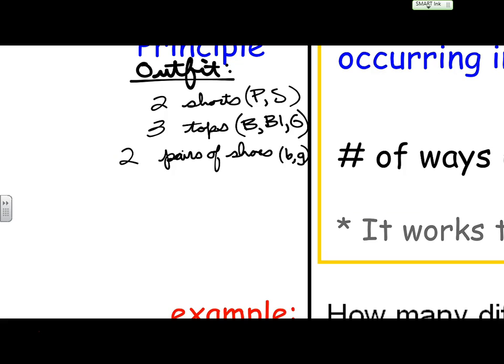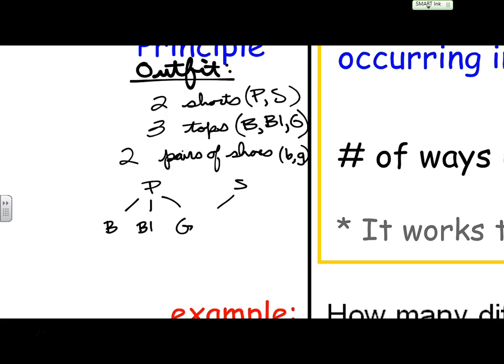Okay, the very first thing, let's just say you're picking out your bottoms first. You can either pick out a pair of pants or a pair of shorts, right? Once you've picked one of those, if you pick pants, don't you then have to figure out the tops, with the blue, the black, or the gray?